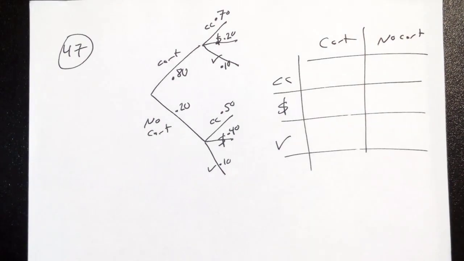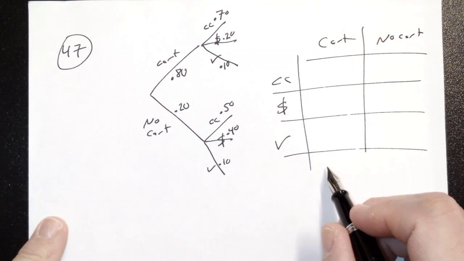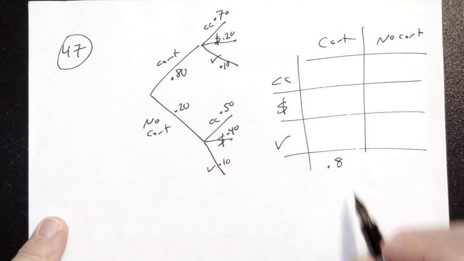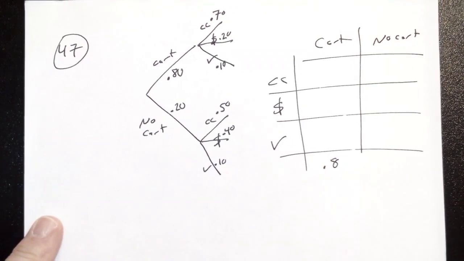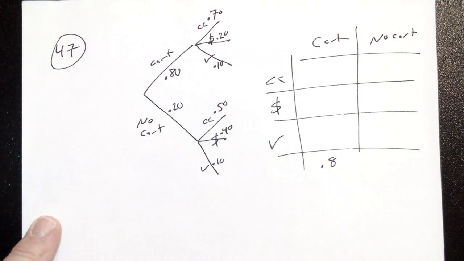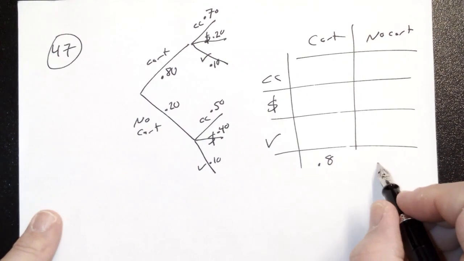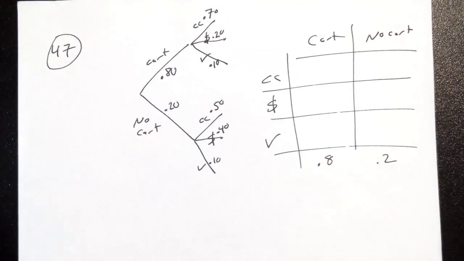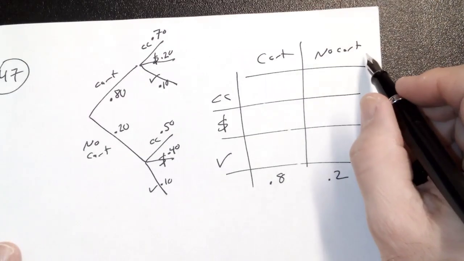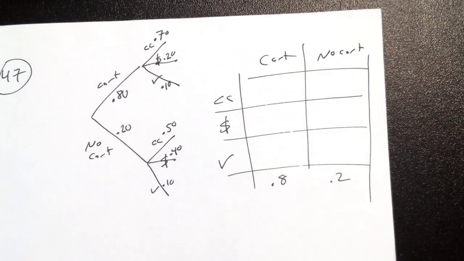And now I can put numbers in here. There was a 0.8 here. And a 0.2 here. But now I have a problem.